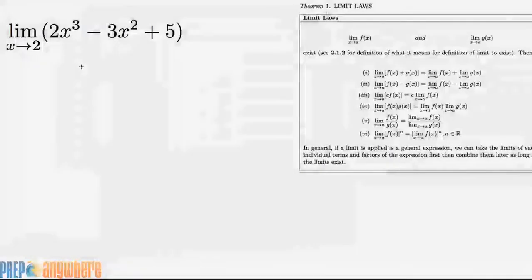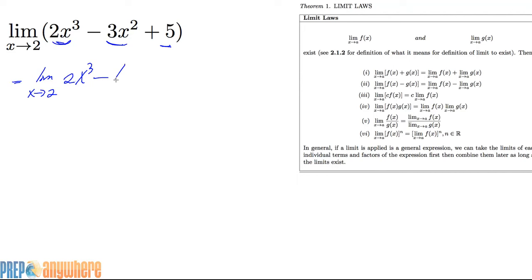For example, this one here, which we did earlier. By limit laws, we can just consider the limits of these separately. So you get 2x cubed, limit as x approaches 2. This is indicating that I'm going to worry about what's happening to these three separately, and worry about the minus and plus later.